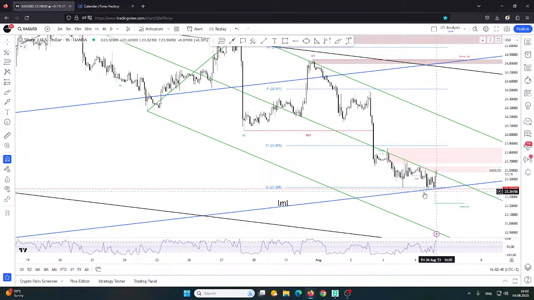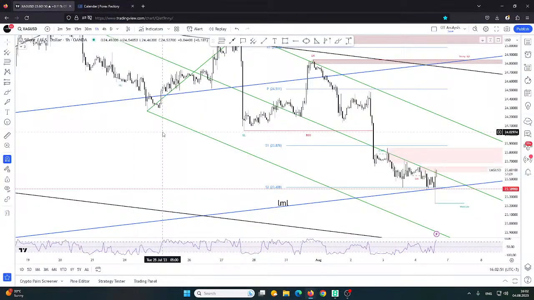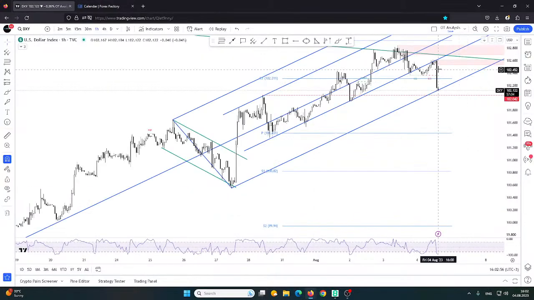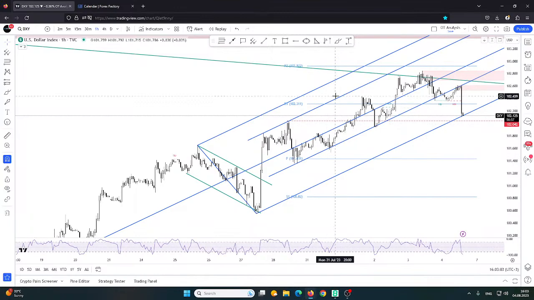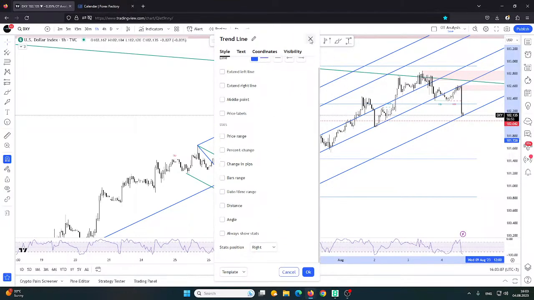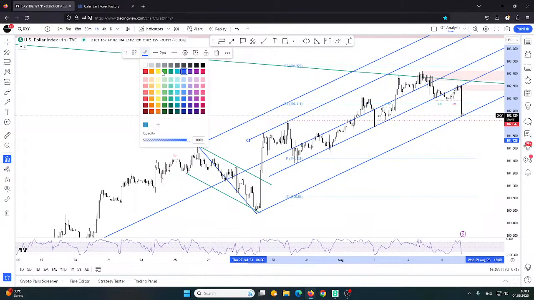I've said that maybe poor US economic data, and in our case mixed economic data, but the non-farm employment change seems to have forced the dollar index to come back down, as I've said earlier today, after escaping from this channel here.